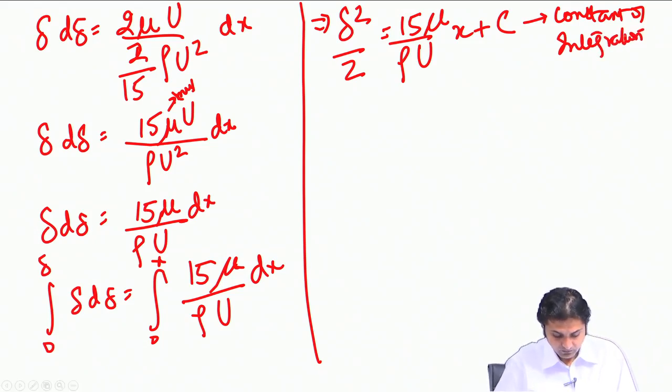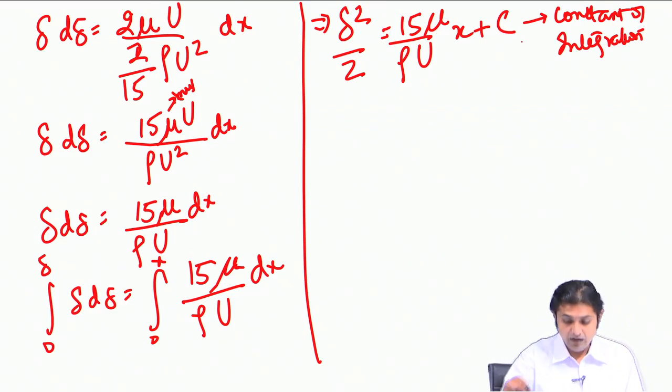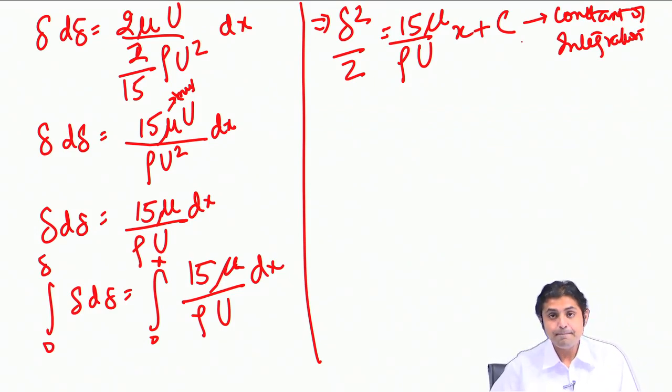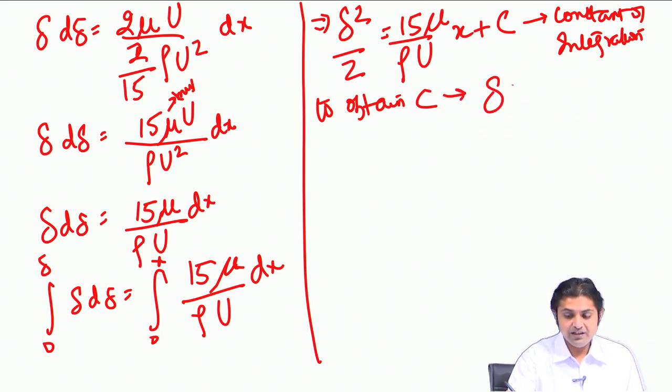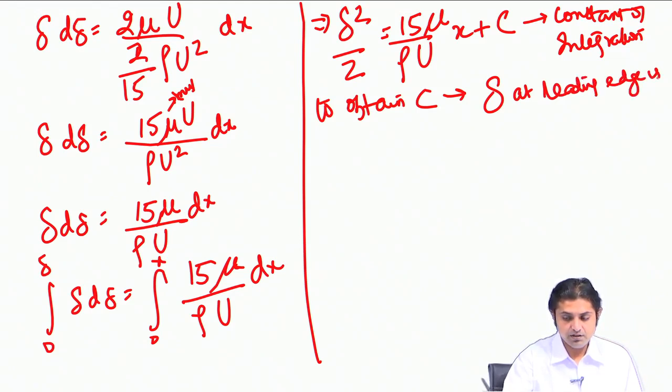But how do we obtain c? We know that boundary layer thickness at the leading edge is always 0.